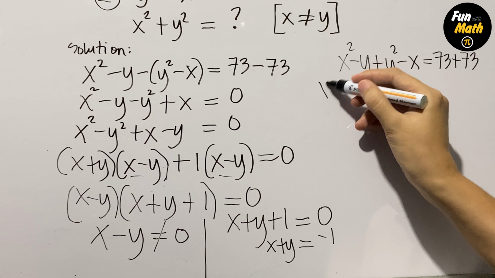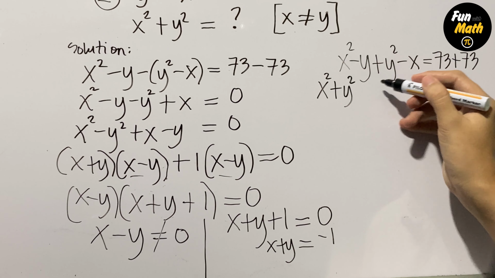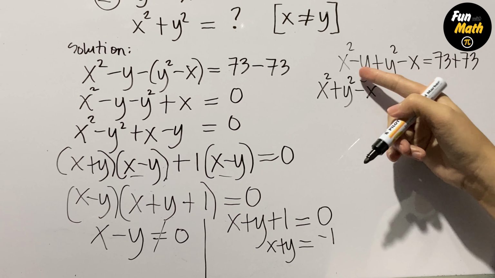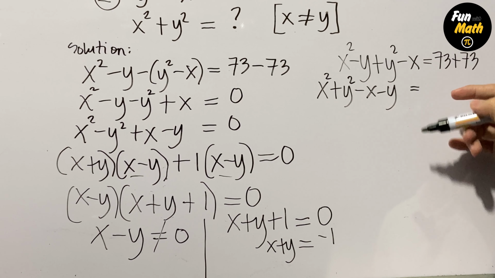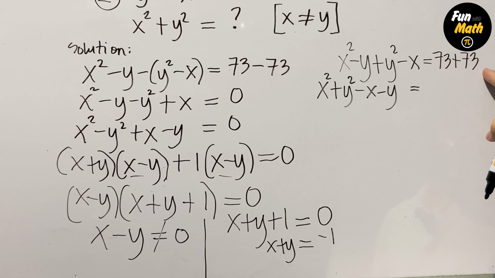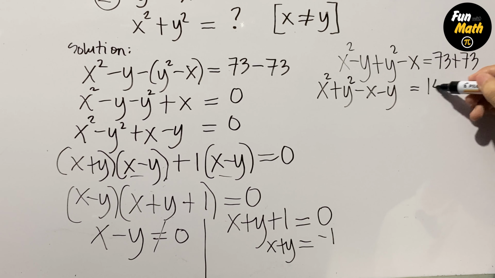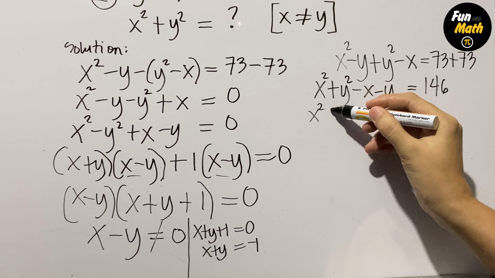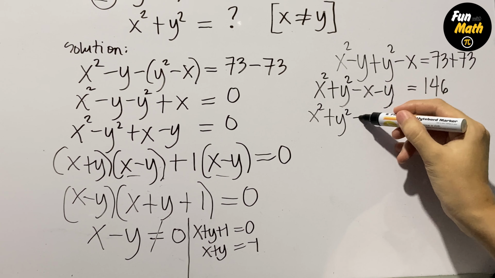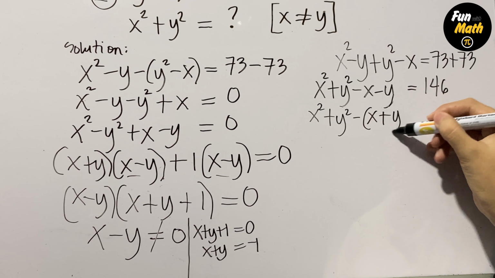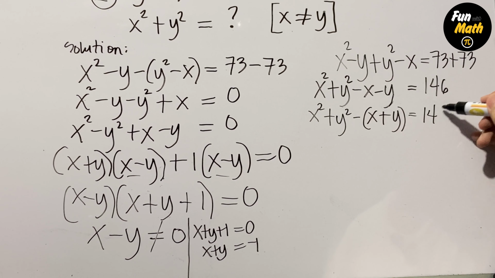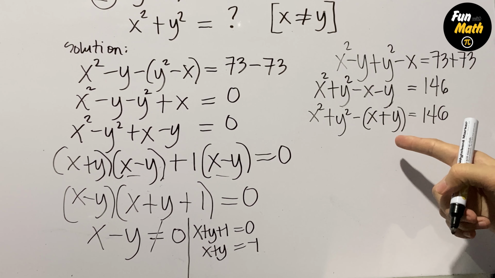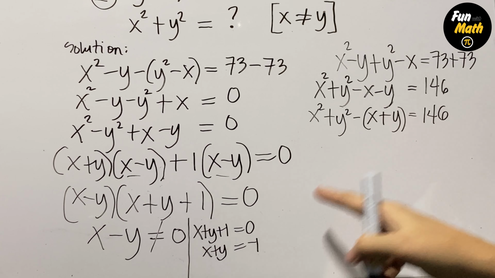So that is x squared plus y squared minus x minus y equals 73 plus 73, that is equal to 146. We can express it as x squared plus y squared minus x plus y equals 146.